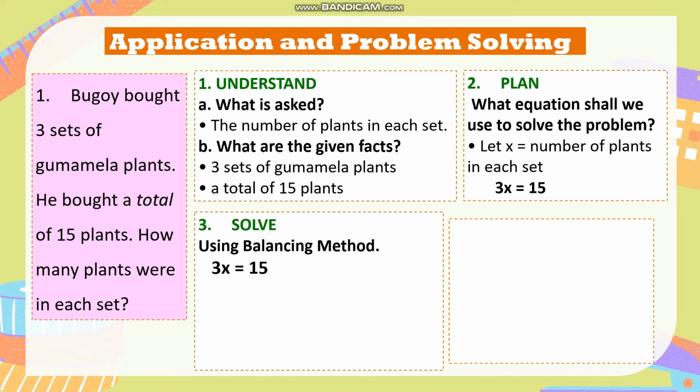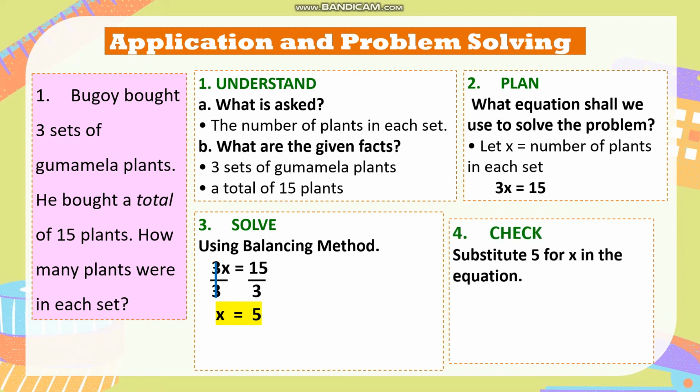Kaya, yung 3 ay i-divide natin. 3x divided by 3 sa both sides. I-cancel natin ang 3 dahil 3 divided by 3 is equal to 1 pero hindi na natin ilalagay ang 1. Ang naiwan ay x, then 15 divided by 3 is equal to 5. So, x is equal to 5.